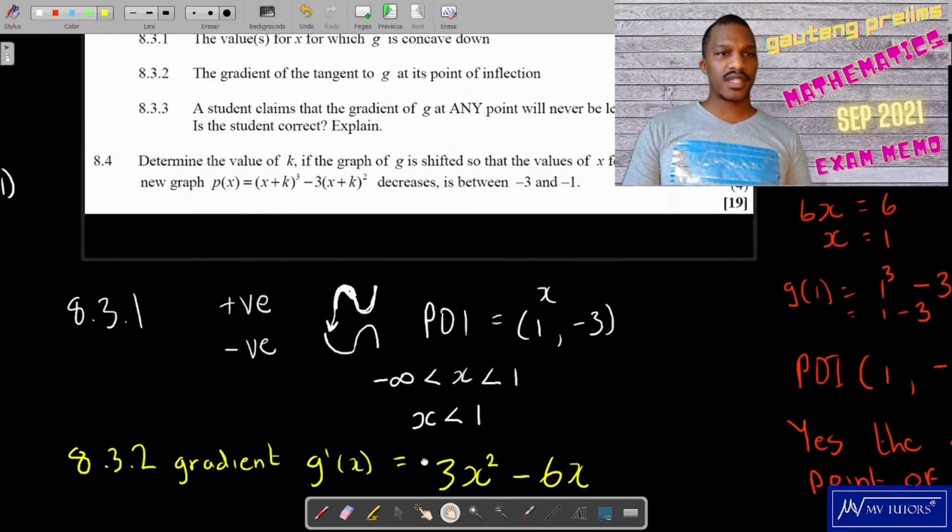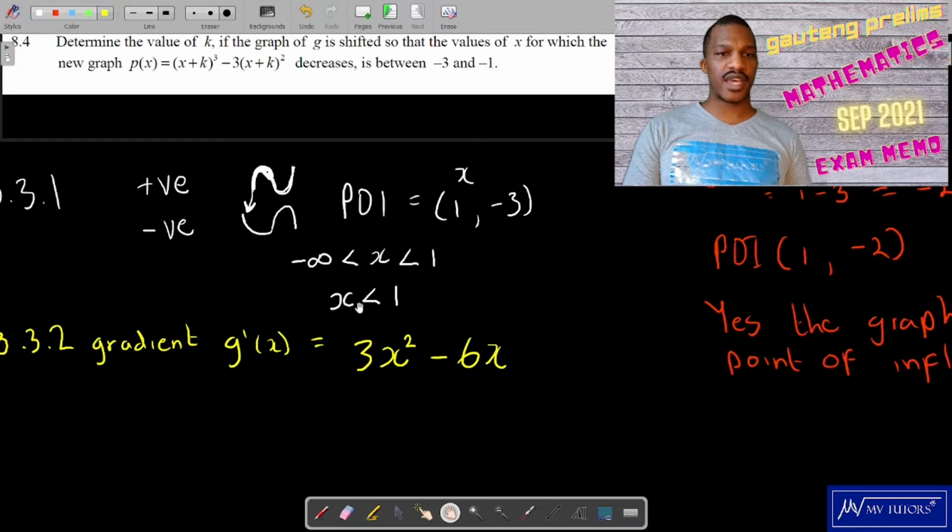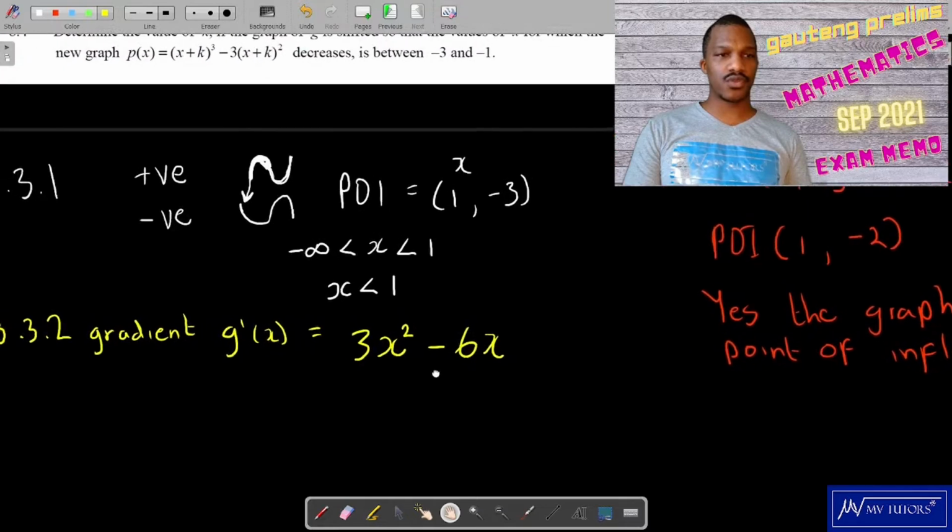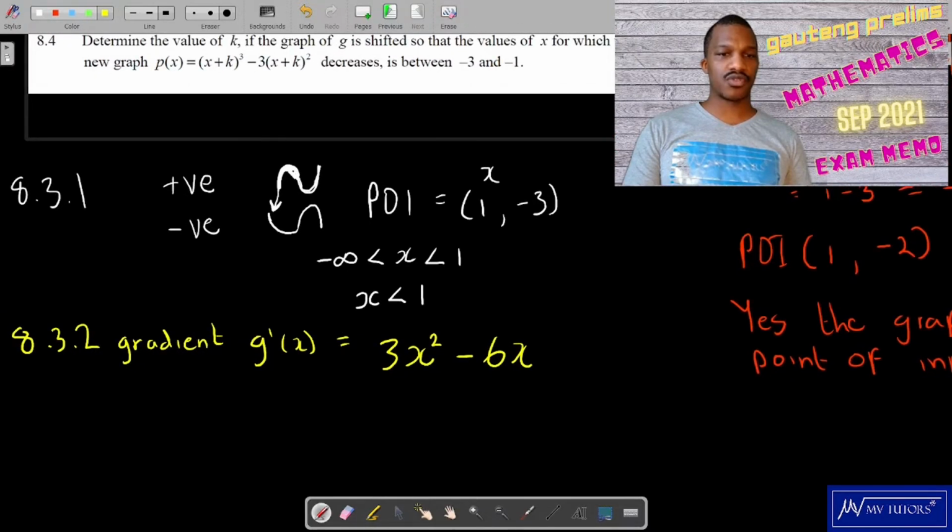So when they say the gradient of the tangent at the point of inflection, the point of inflection is at x is 1, as you can see over there. So all we have to do then is just substitute 1 into the gradient equation so that it gives us that value.